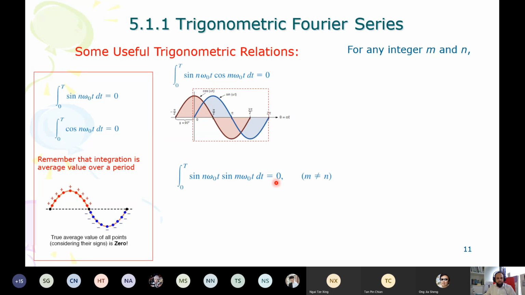But if they are the same, they will become sine square, which results in a simple term T by 2. Again, so far 0, 0, 0, 0 and a very simple term T by 2. Similarly for cosine, it will be 0 if m is not equal to n, and if they are the same, it's also T by 2. Right? Any question?